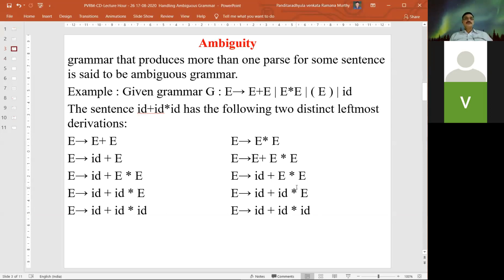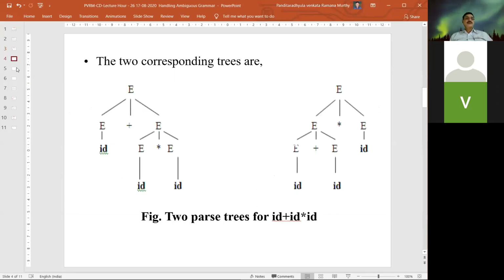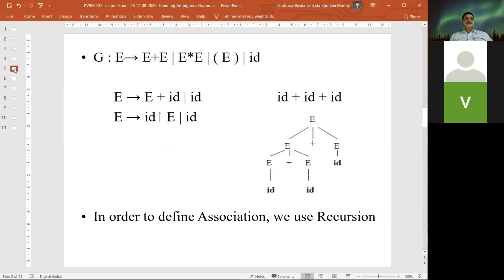That means we need to convert the given ambiguous grammar into non-ambiguous grammar. That is the meaning of handling ambiguous grammar. We need to see how we can do this particular operation.